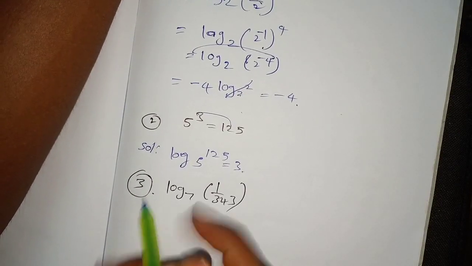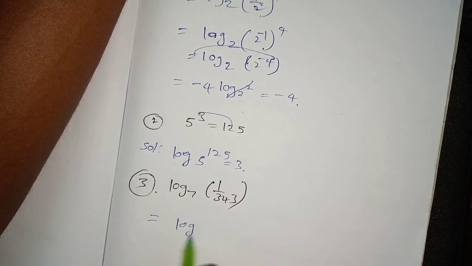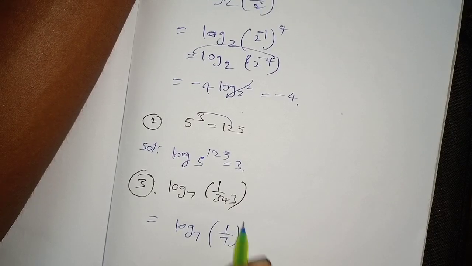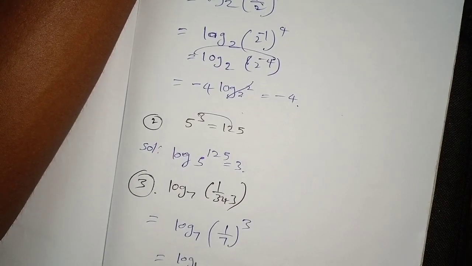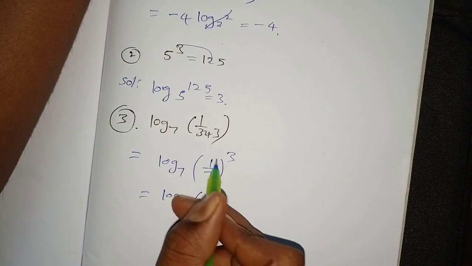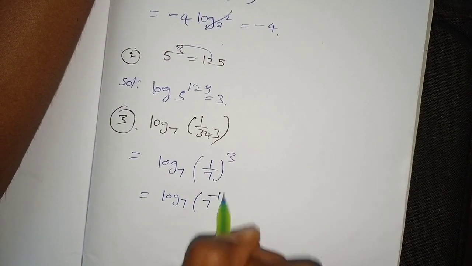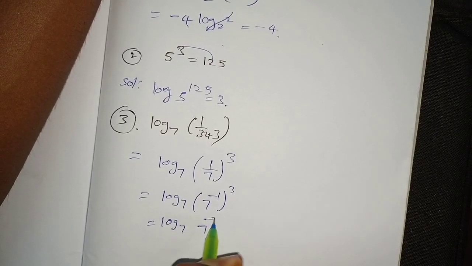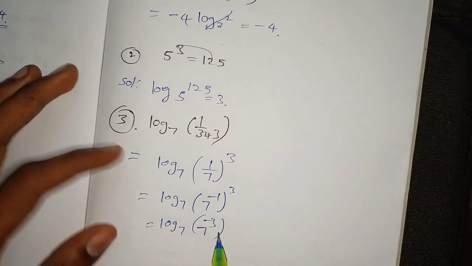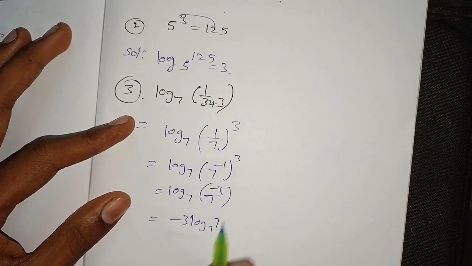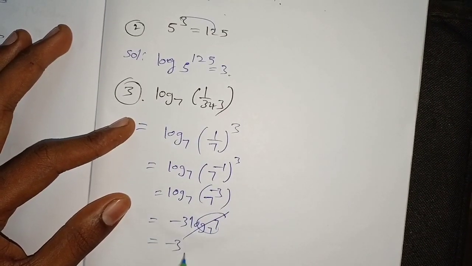For this log 7, 343 can be written as 7 whole cube, nothing but 1 by 7 whole cube. So 1 by 7 goes to the numerator, that is 7 power of minus 1 whole 3, nothing but 7 power of minus 3. So guys, here minus 3 log 7 power of 7, here it is 1, so the answer is minus 3.